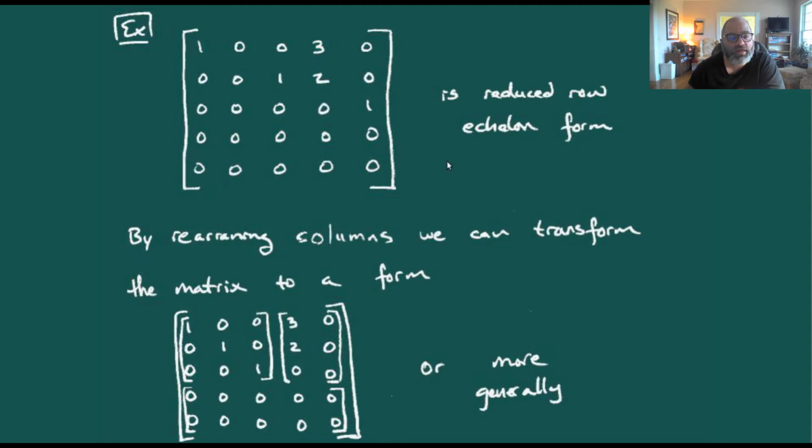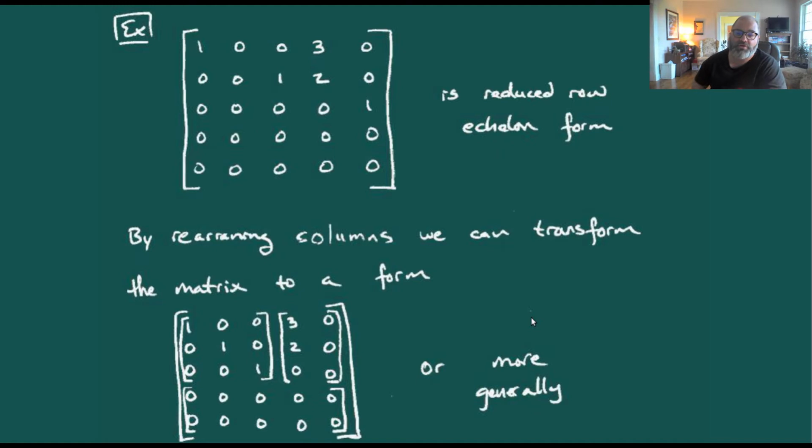This allows us to rearrange columns, which just means re-indexing the variables, and transform the matrix to something with the nonzero rows on top and zeros on the bottom.